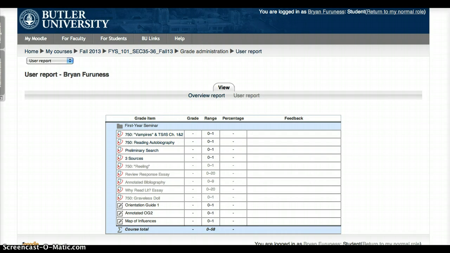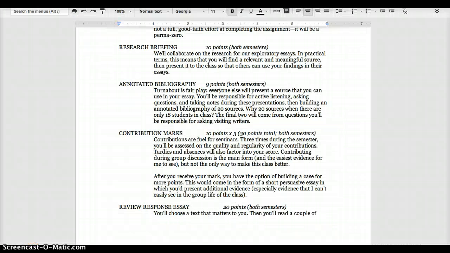The second thing I wanted to draw your attention to is about contribution marks. As you know, a seminar is a student-driven class, and one of the objectives for all FYS classes is oral discussion, particularly in the form of group discussion.